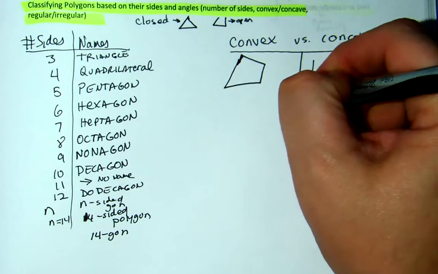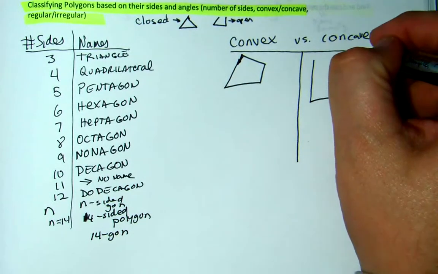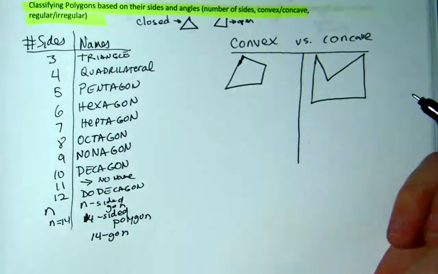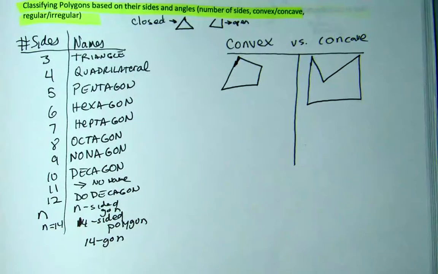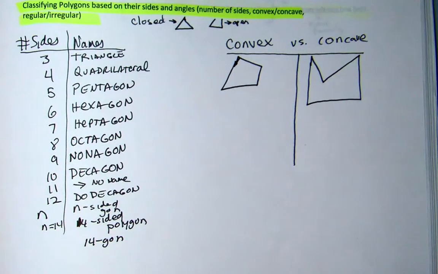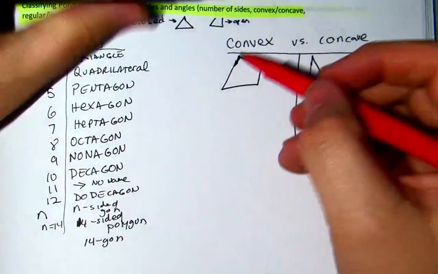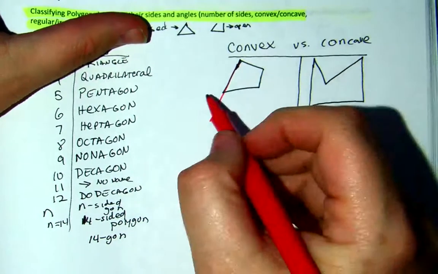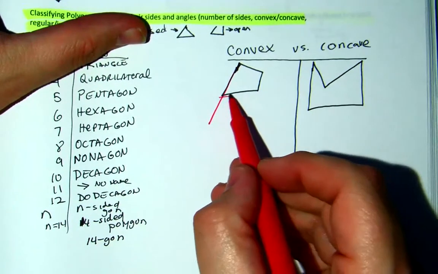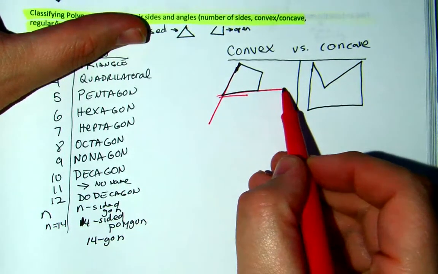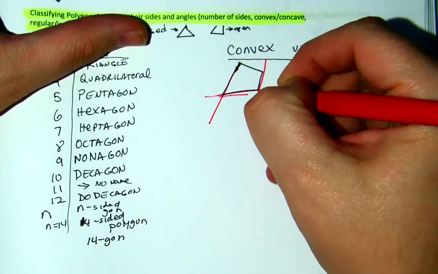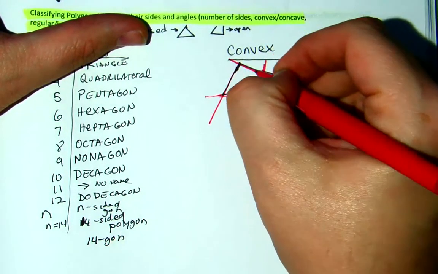A concave polygon looks like this. Now, the strict math definition says if you extend any side of the polygon and the side never comes in contact with the interior of the polygon itself, just like here, then it's convex.